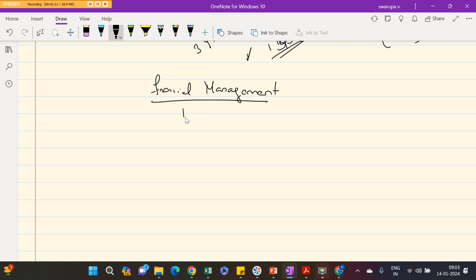Put it in simple terms, it has two aspects to it: finance and management. Now, what is finance? Finance deals with your money, anything connected to your money, decisions relating to your money, that is finance.